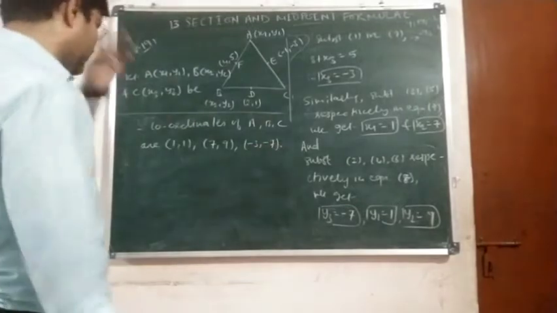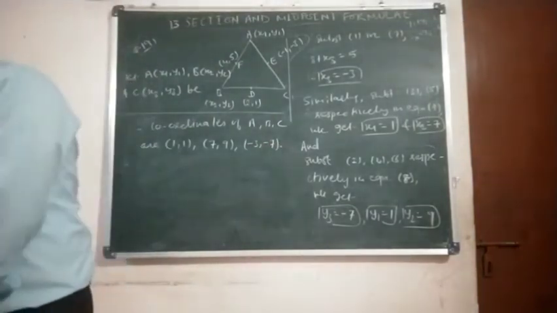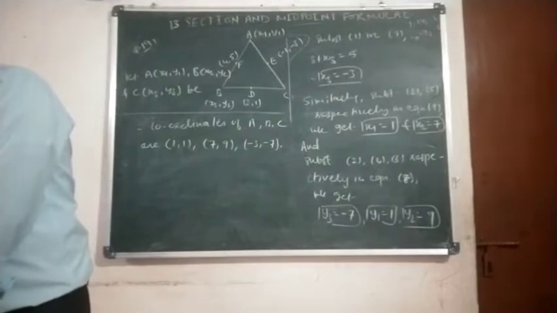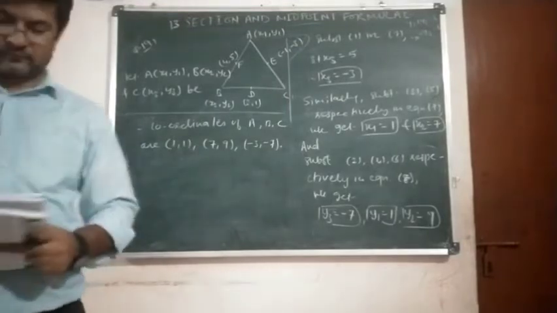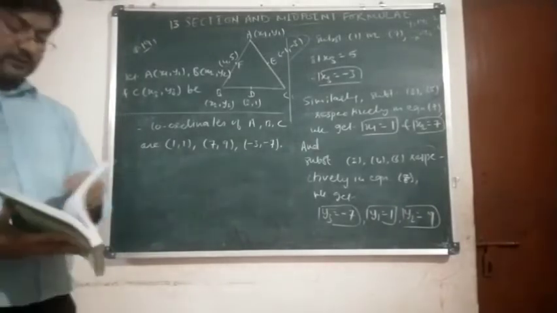So this is the answer, the coordinates of A, B and C. Okay, (1, 1), (7, 9), (minus 3, minus 7), this is the right answer.